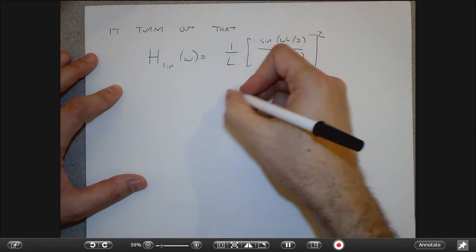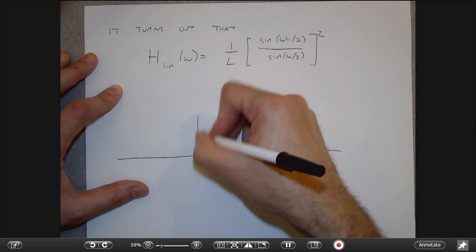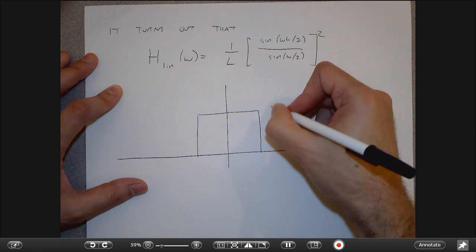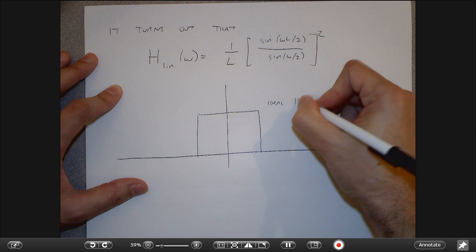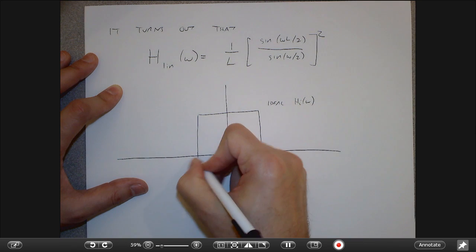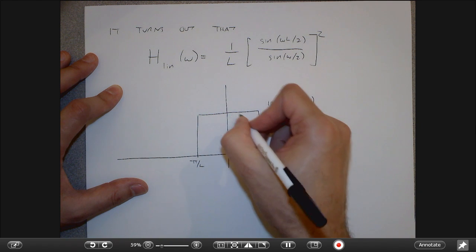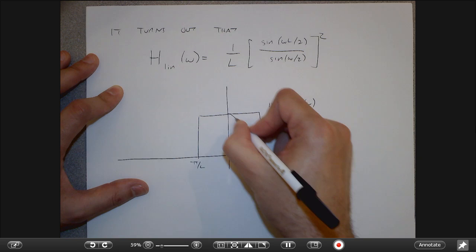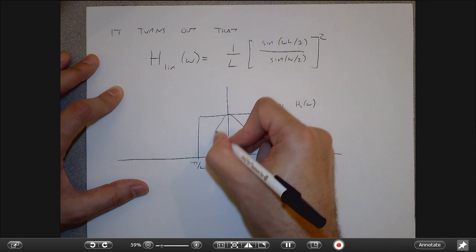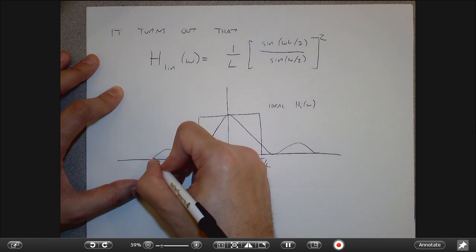And you can plot out, so this is the ideal reconstruction filter, my ideal H_I of omega. And if you plot out what the non-ideal linear interpolation looks like, it looks something like this. Apologies for crappy drawings.